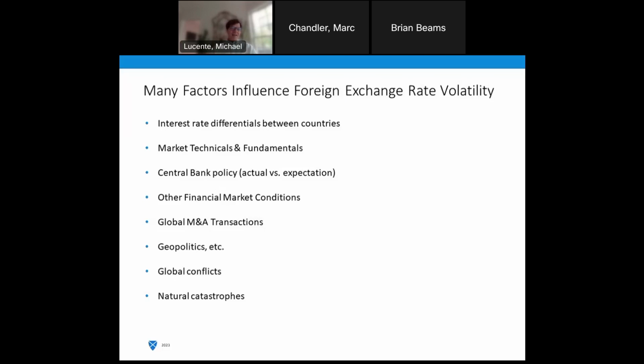But that's not how the market works. The market adjusts for that interest rate differential. So the rate you have today to execute in euros is about 1.1.